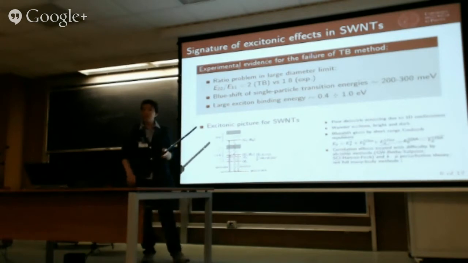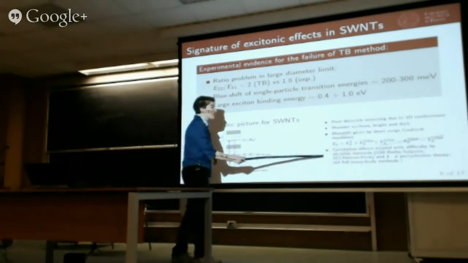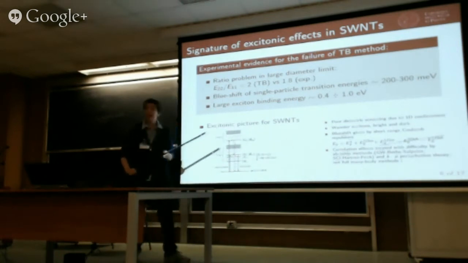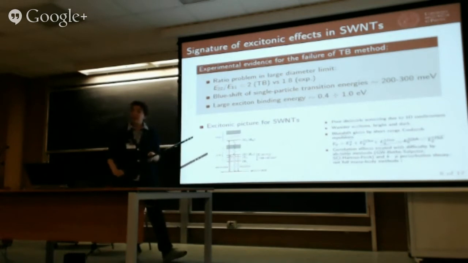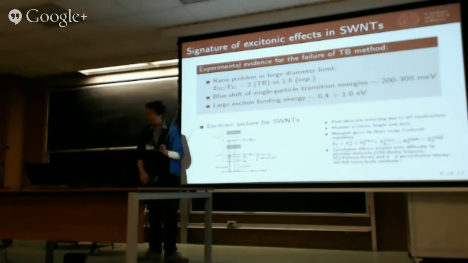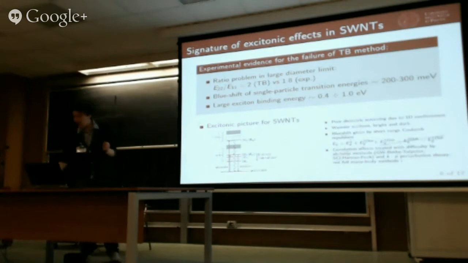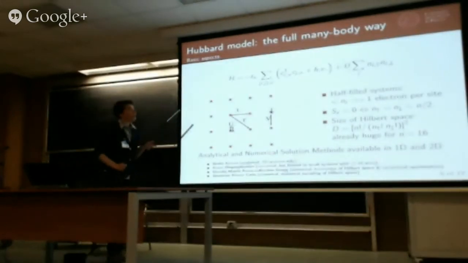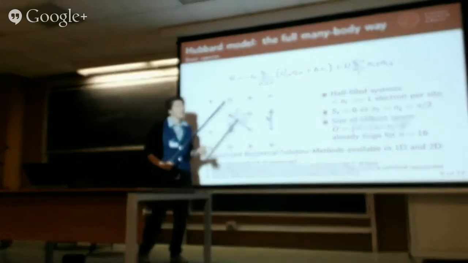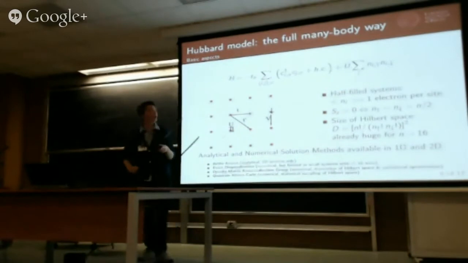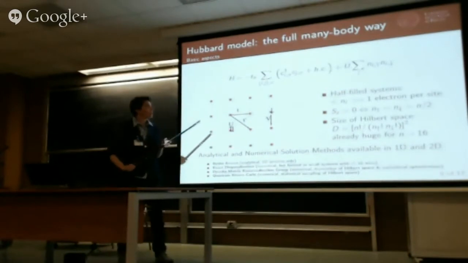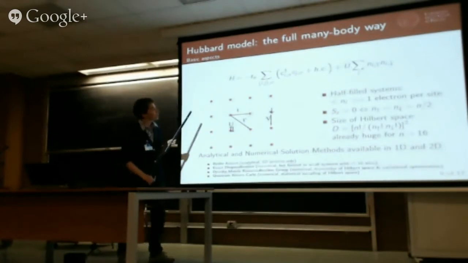However, let's note that none of these methods takes into account electronic correlation at the full many-body level of description, as it occurs, for instance, within the Hubbard model, which is a model suitable for strongly correlated electron systems with a strong Coulomb interaction, as for instance occurs with insulators.